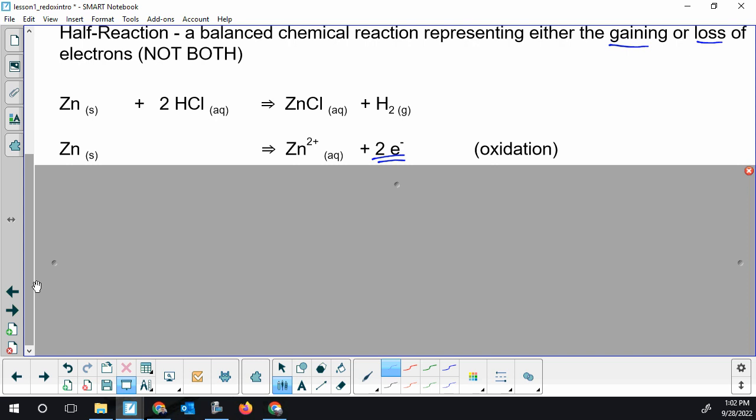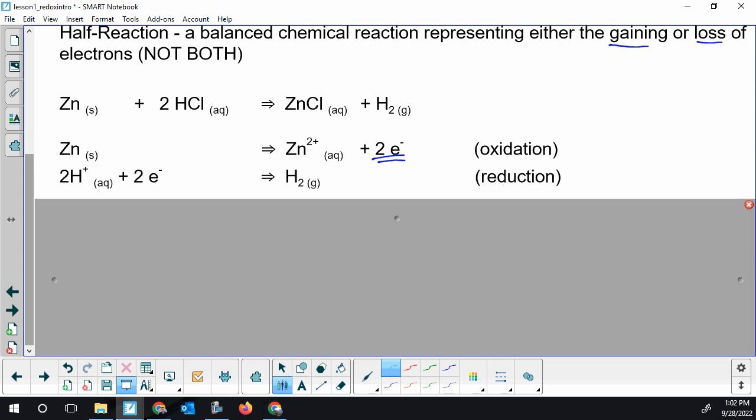The reduction needs to have electrons being gained, so they have to be on the reactant side. It's one electron for every H, and because there's two H's in the equation, we see two electrons. So we figure things out for one, and then we just scale up to whether we have 2, 3, 4, 7, whatever count we have.